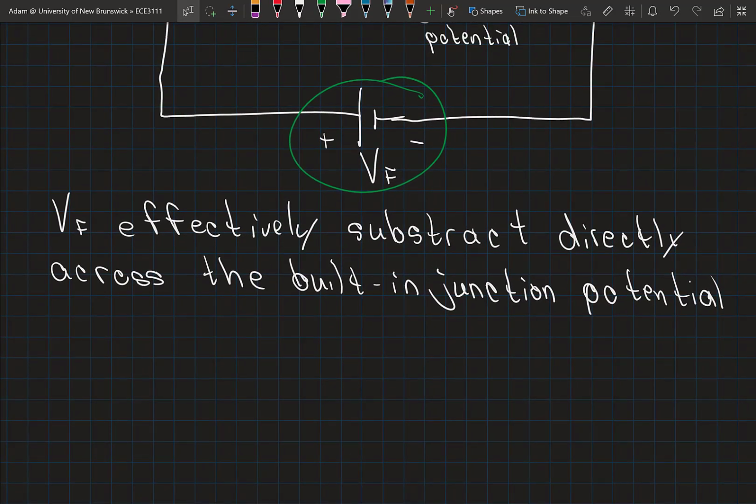The result is that we get a drop in our junction potential, and that results in additional minority carrier injection.